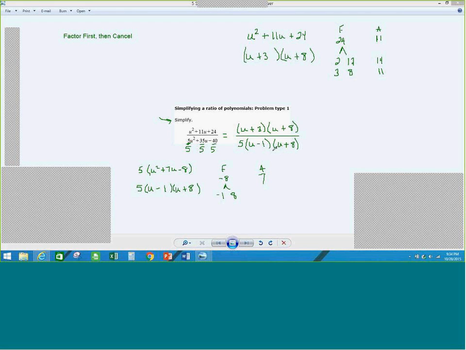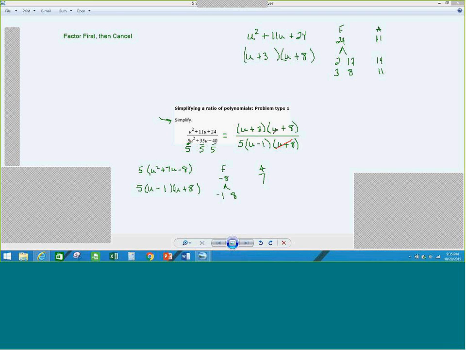But in my factored form, the numerator and the denominator, we do have a common factor. These u plus 8s are exactly the same. This u plus 8 in the numerator is being multiplied, and this u plus 8 on the denominator is being multiplied times the u minus 1. This bar is a division symbol, and division is the inverse of multiplication.